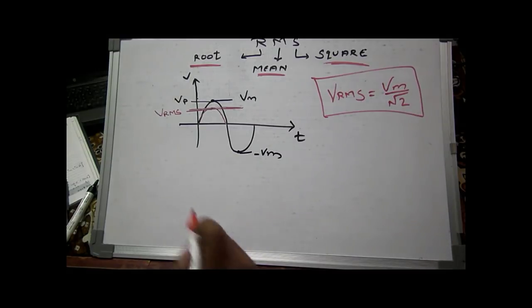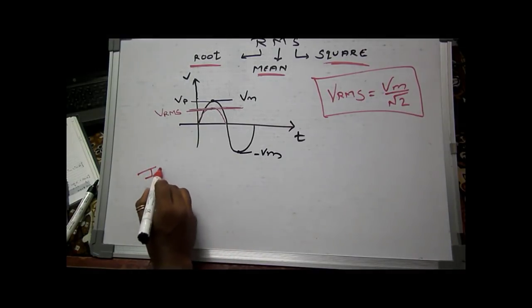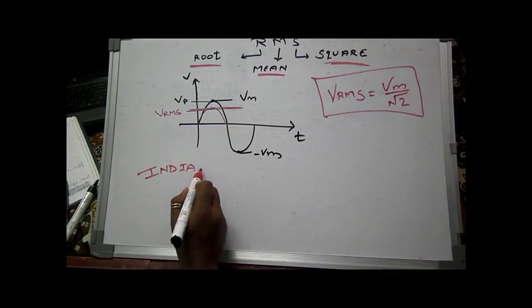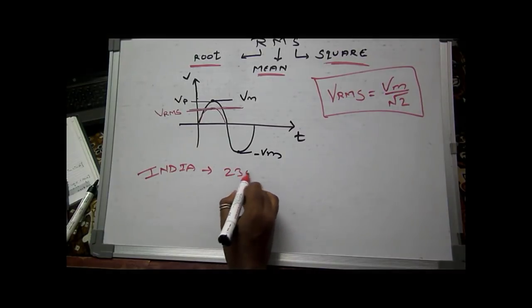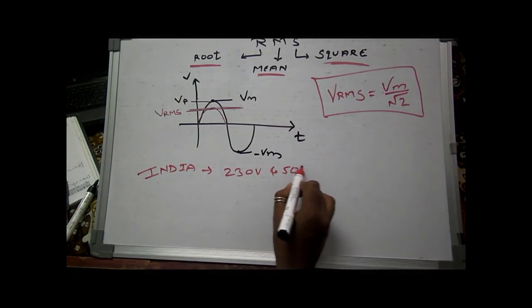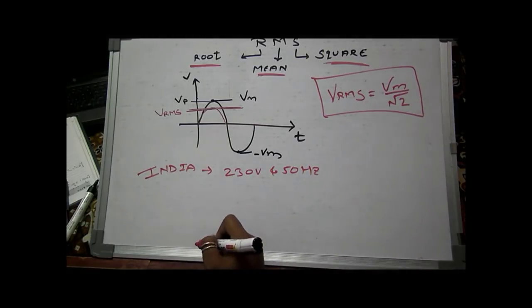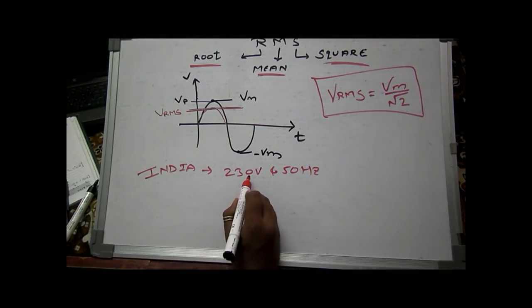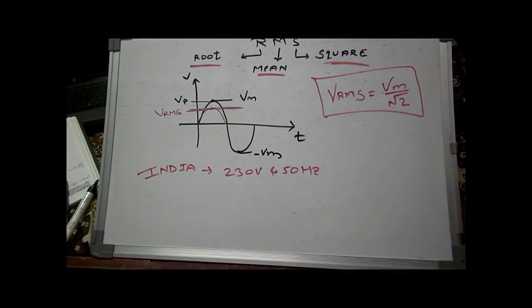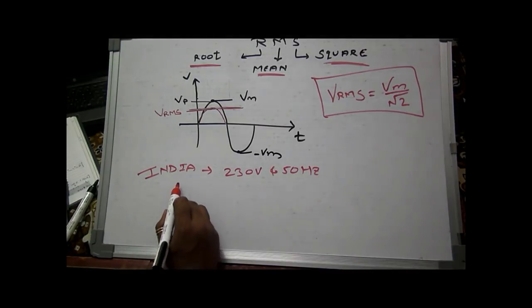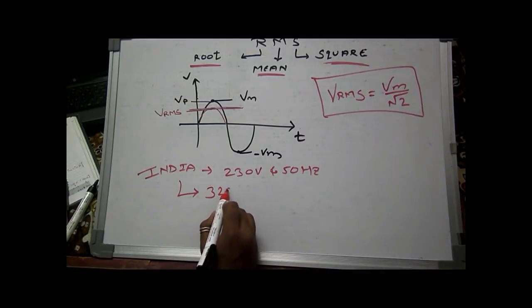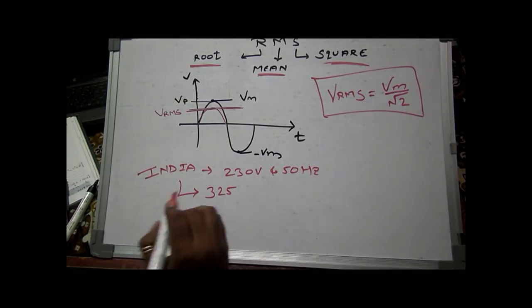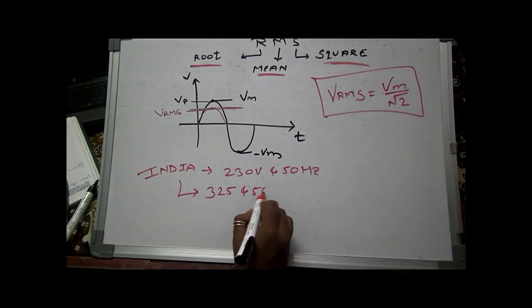What I mean to say is, in India we know the AC outlet voltage is 230 volt and 50 hertz. But this 230 volt is the RMS voltage, not the peak voltage. The actual voltage of this outlet is somewhat similar to 325 and 50 hertz.